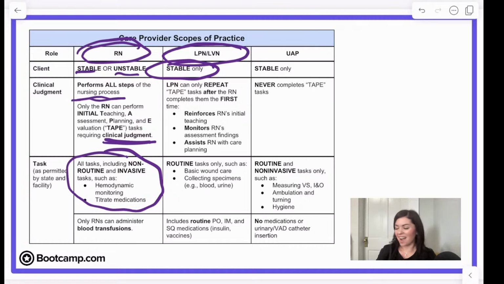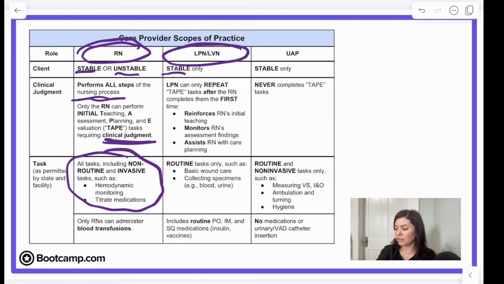So getting back on track, LPNs can only care for stable clients, and they can perform some portions of the nursing process, but that's only if the registered nurse has already initially performed them, okay? So I know that's one little gray area that can kind of be confusing to students.